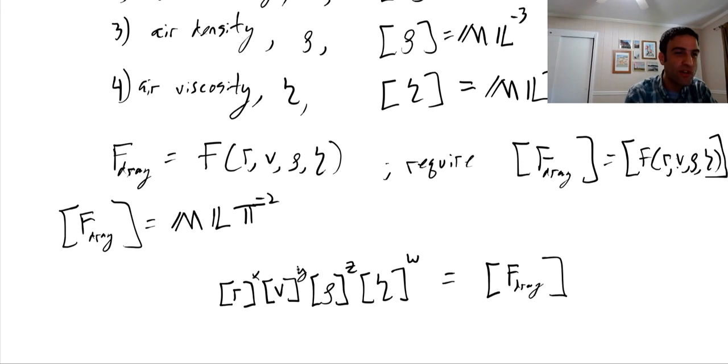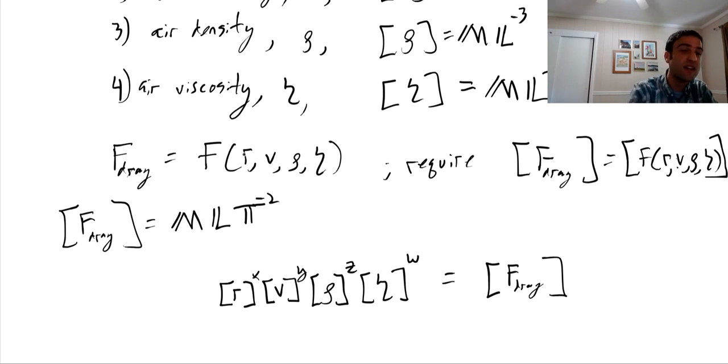We have four exponents that we can play around with, but we only have 3 things that we're trying to solve for, right? And this makes this problem in some ways very different from the blast problem. There we had 3 equations and 3 unknowns. Here we have 3 things we're trying to figure out. We have 4 equations to work with, right? And what that means is that there's more than one way that we can combine these different things to get something that has the right units, okay?